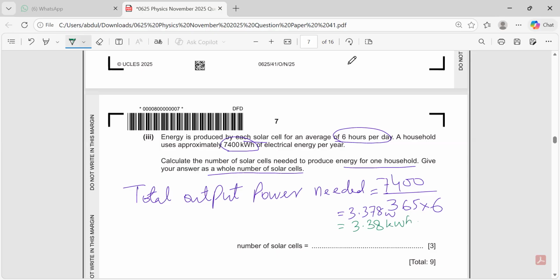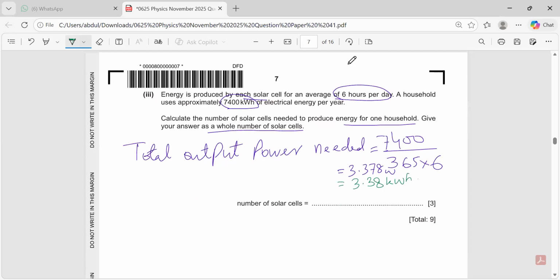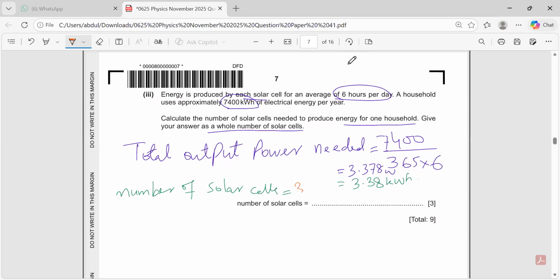So how many solar cells are needed? Already we know one cell can produce 0.54 kilowatt. So the number of solar cells will be equal to 3.38 over 0.54, since one cell has 0.54 kilowatt average.